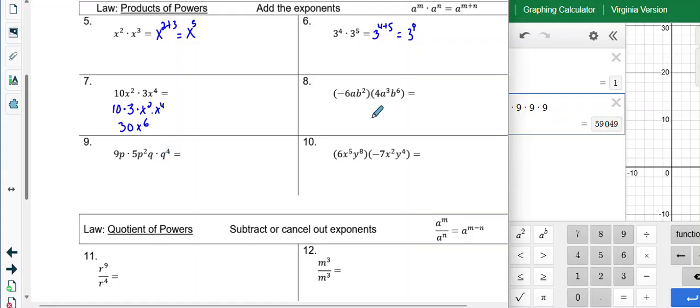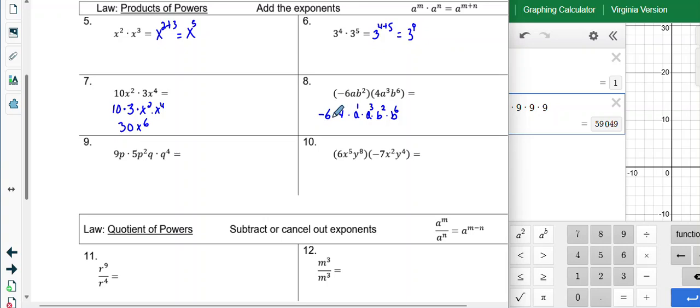Same thing here. We're going to collect everything that's alike together. So we're going to do negative 6 multiplied by the 4. Those get multiplied together. And then here you have a to the 1st power, so this is times a. I'll go ahead and write the 1 up there. And then a to the 3rd power. And then you have b times b to the 2nd power, and then b to the 6th power.